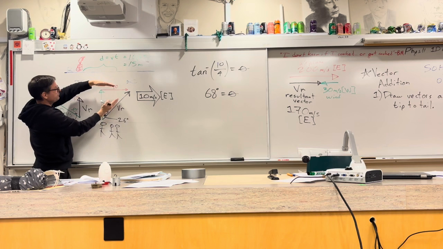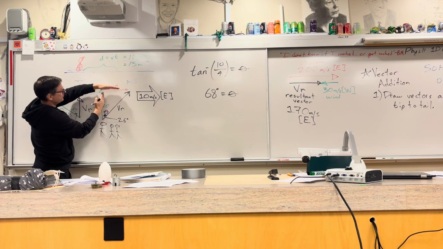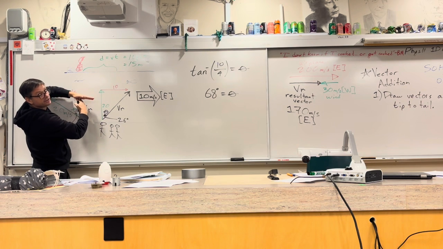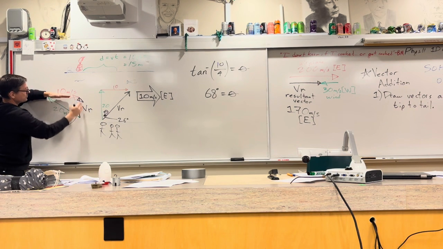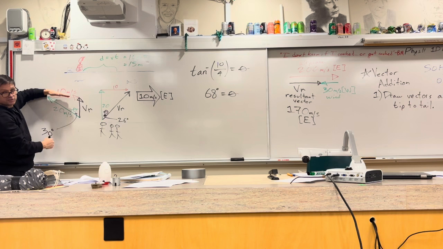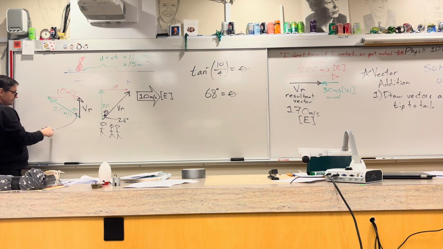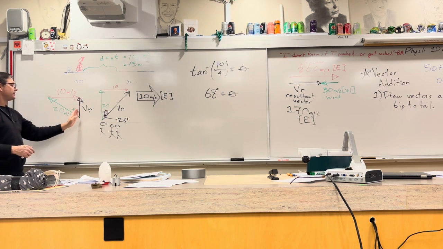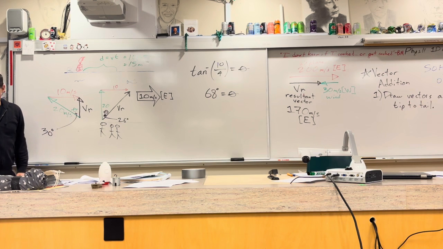But as her swimming and the river move back this way, her resultant vector is shorter, right? So it's going to take her longer to get across the river now. And this angle is slightly different than that angle because we've turned the resultant from a hypotenuse into an opposite side.